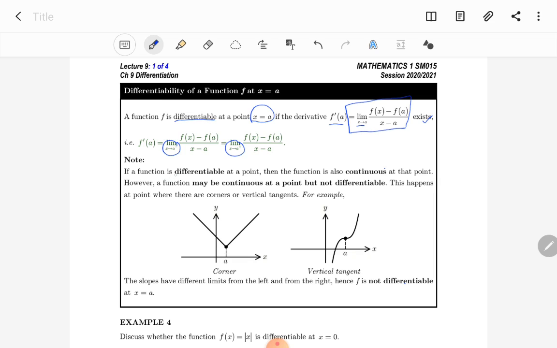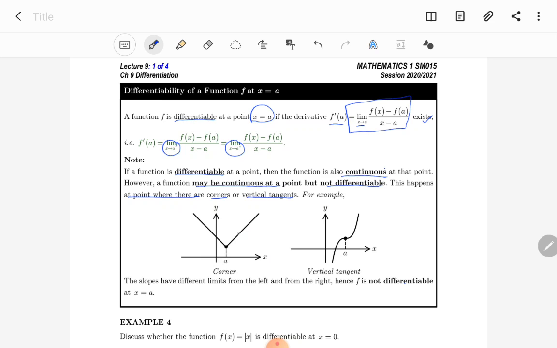If a function is differentiable at a point, then automatically the function will be continuous. However, a function may be continuous but not differentiable. This happens at a point where there are corners or vertical tangents.